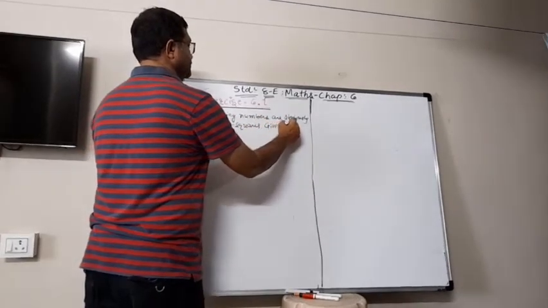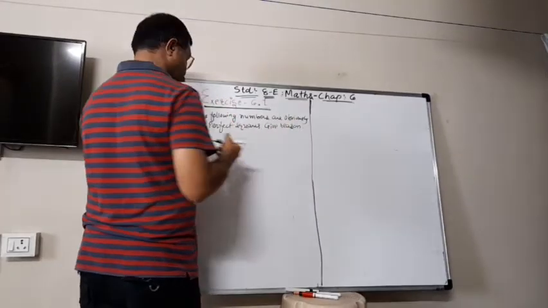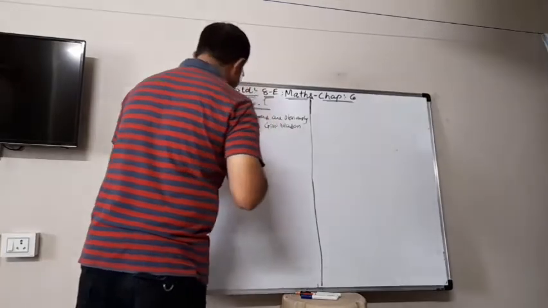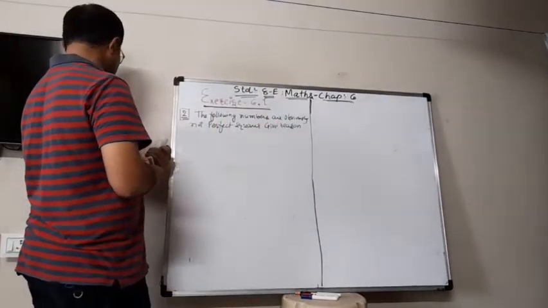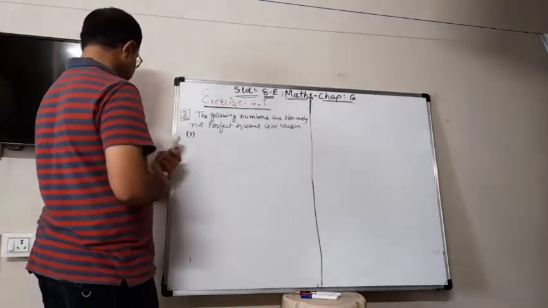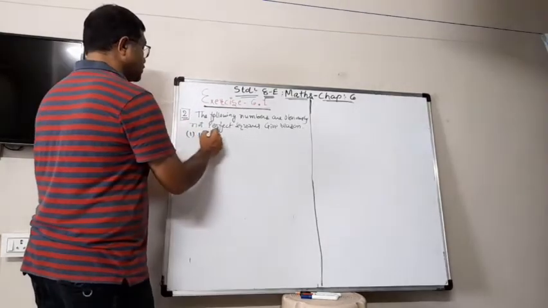Give reason. So they are not perfect squares, but we have to give the reason why they are not perfect squares. Number 1, 1057.